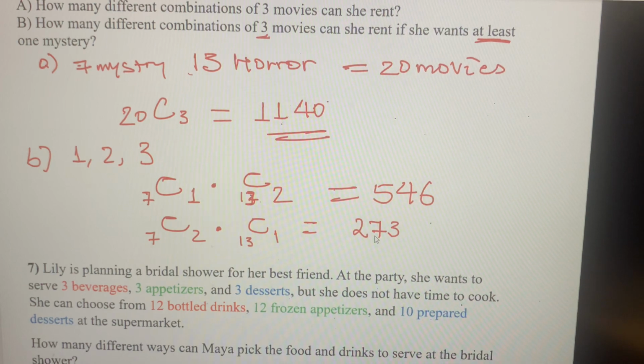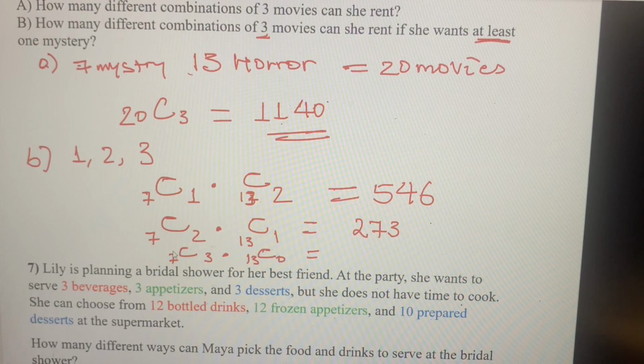So the last option is if she rents 3 mystery movies. That means C(7,3) times C(13,0), because she doesn't have to get any from the horror movies since she already has 3.